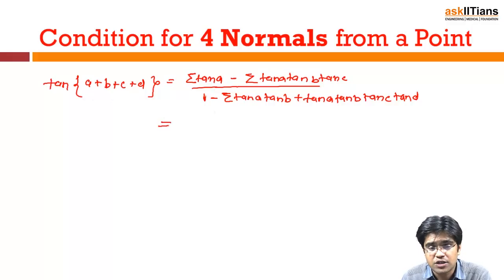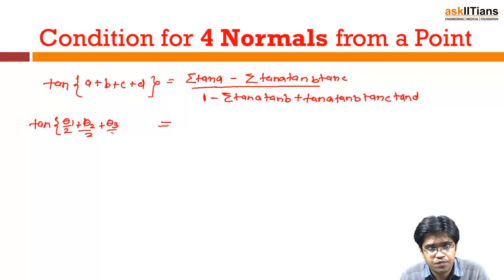Summation tan A is actually sum of roots taken one at a time, because tan A is a root. If I write this, tan of theta 1 by 2 plus theta 2 by 2 plus theta 3 by 2 plus theta 4 by 2.